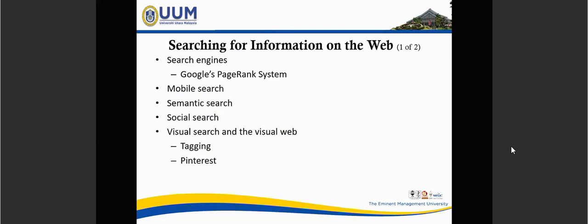How do we search information in the web? Sure, we use Google. Google is a search engine. So we search information through Google. Okay, this one is a search engine. Also, we search information through mobile search. Other than that, semantic search, social search, not just a search engine like Google. We can use it in the social, in the mobile, semantic search, visual search, and visual web, for example, when we do tagging or Pinterest.